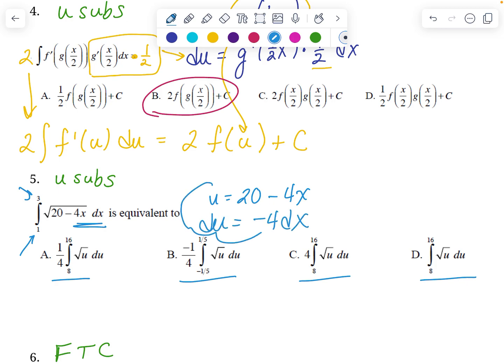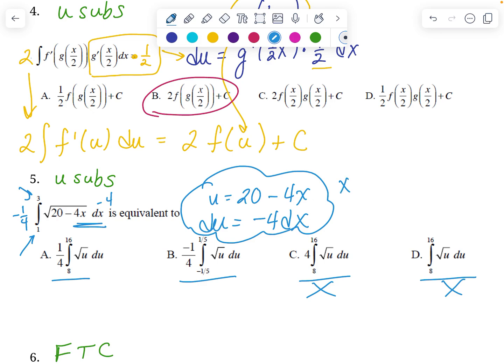Okay, here's my u. That has to be what it is. So that means that I need to insert a -4 and a -1/4. I'm kind of thinking these are going to be out. I'm not sure if that negative is going to somehow go away, but I don't think so. Maybe it is. We'll see. Then we're going to do our bounds.